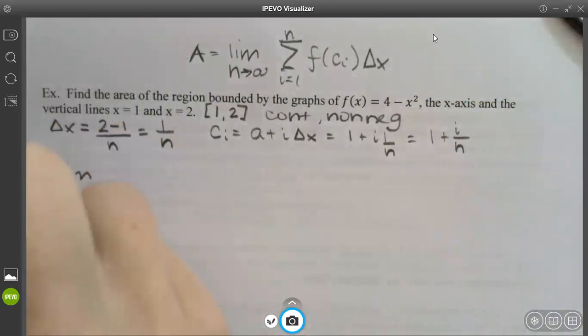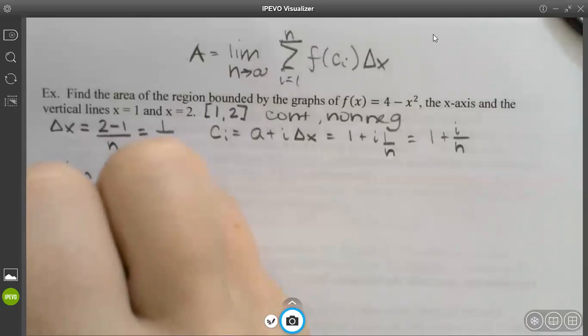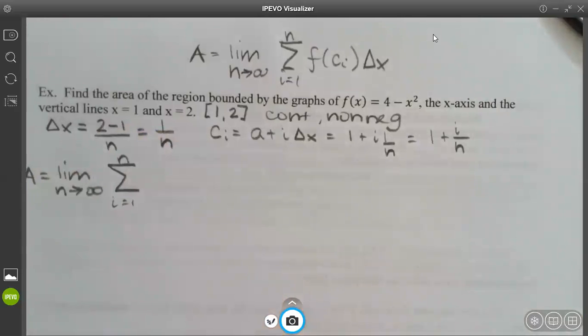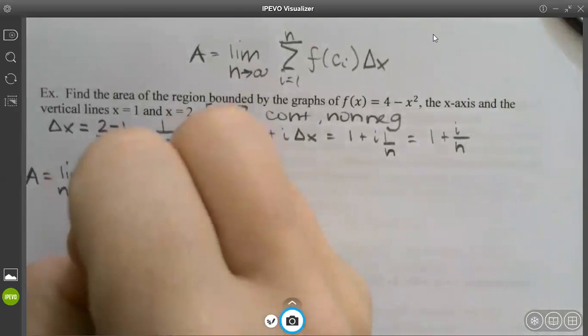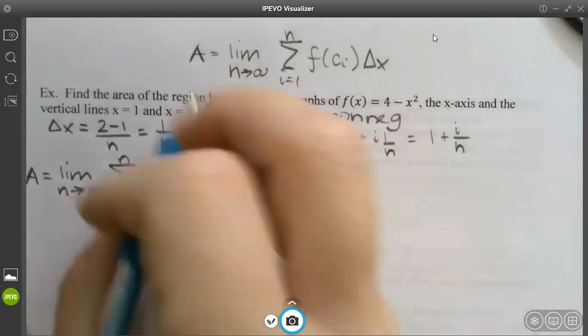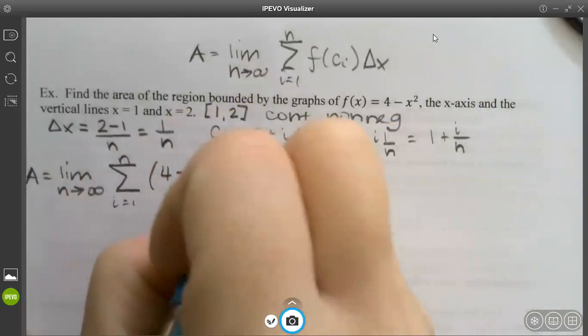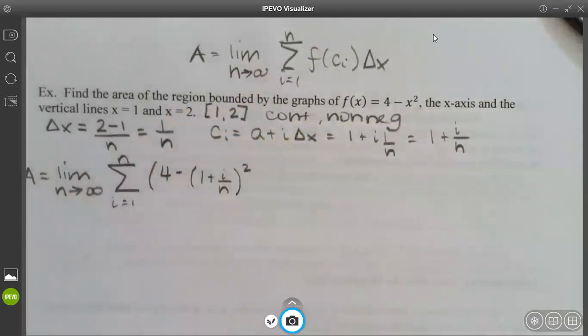The limit as n approaches infinity of the summation 1 to n. What does f of c_i tell us? Plug c_i into the function. So our function is 4 minus x squared, and we're going to change x to 1 plus i over n.